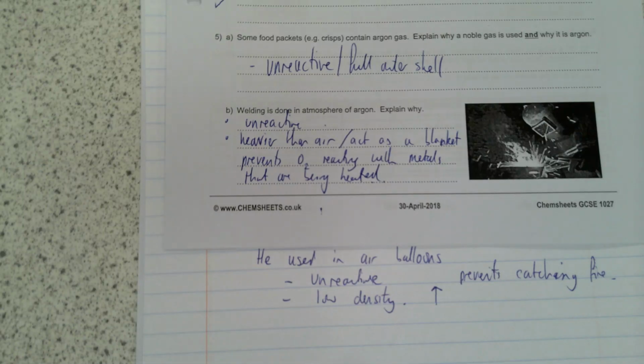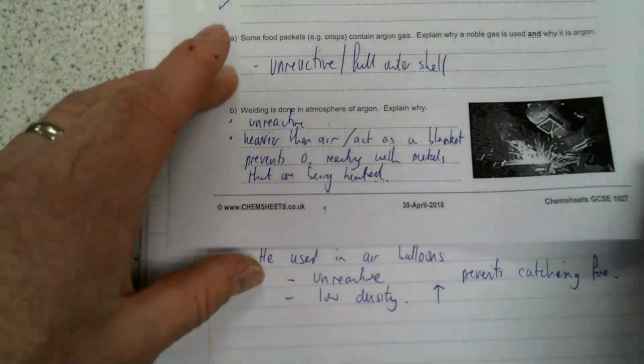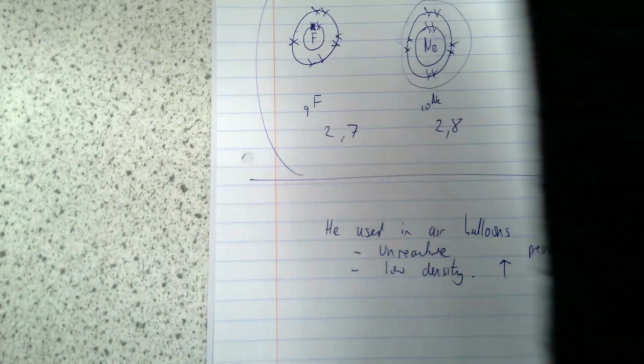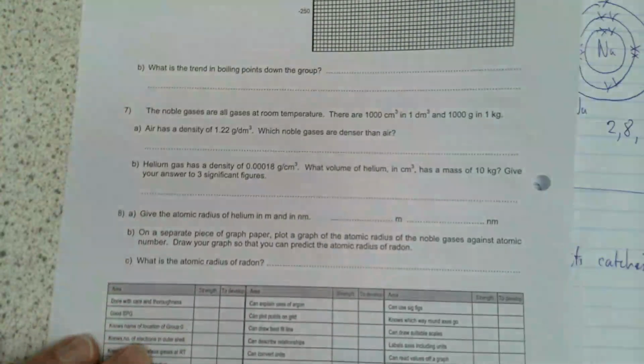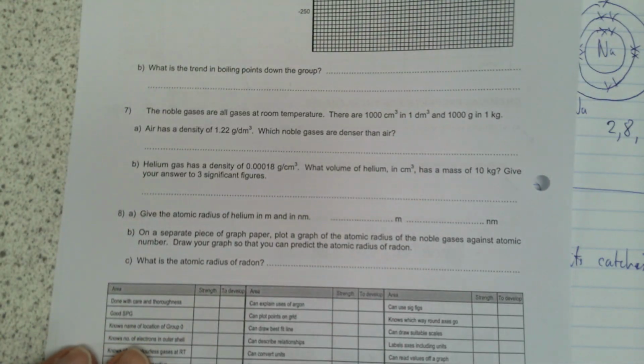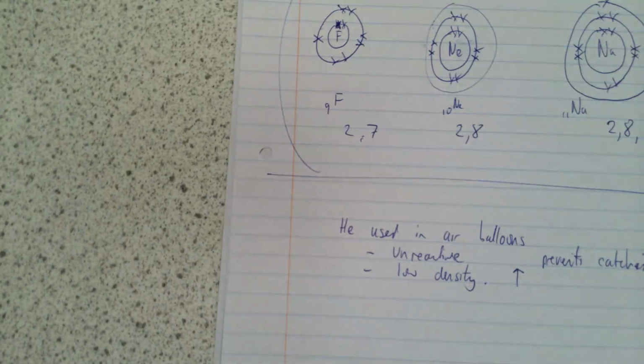But all you've got to get into the habit of talking about is the full outer shell, the unreactivity, and the density. There's some more stuff over the page, but I'm not really worried about that, to be honest with you. So that is your rapid overview of what you need to know for transition metals and noble gases. We'll do a little bit of practice now before we go.